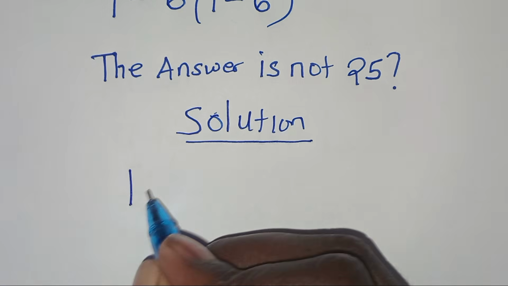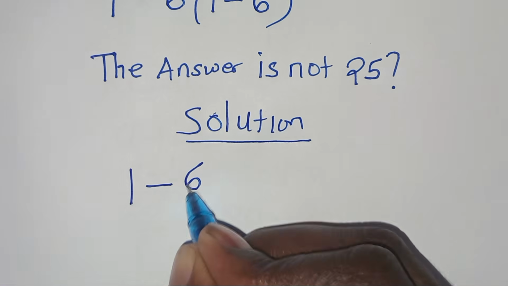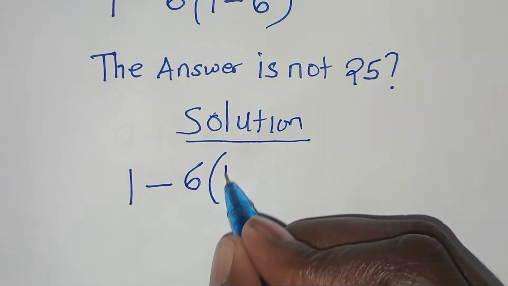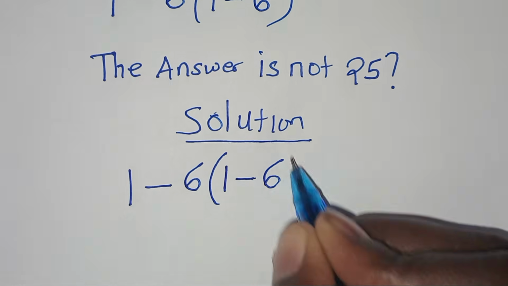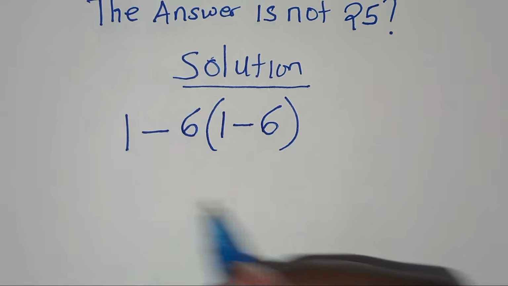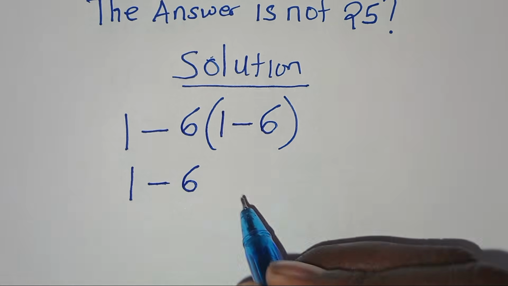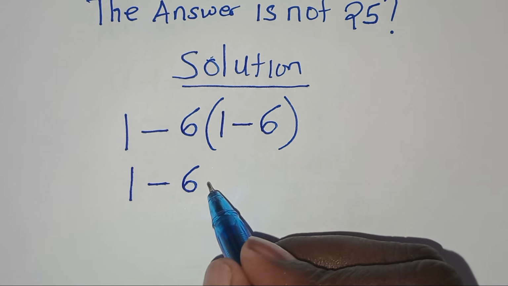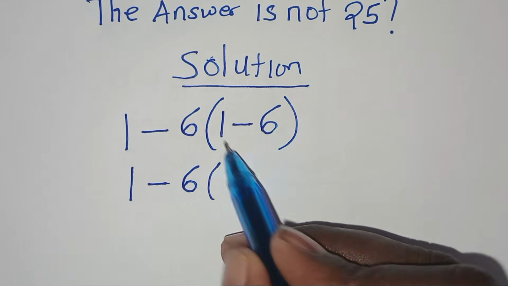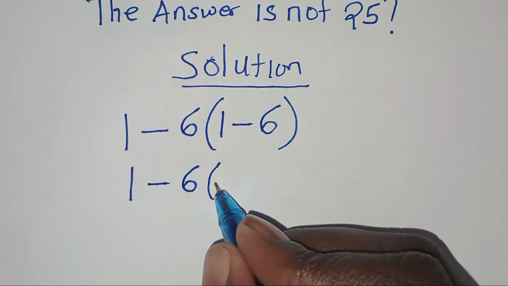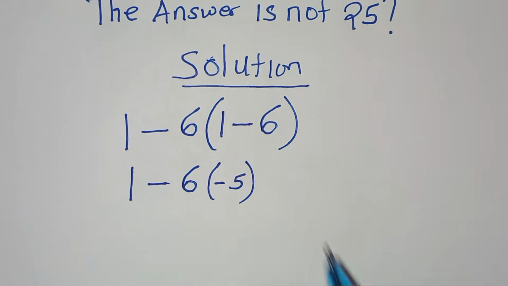So we have 1 minus 6 times the parentheses, 1 subtract 6. Now, if you operate this directly, here we have 1 minus 6, which is minus 5.